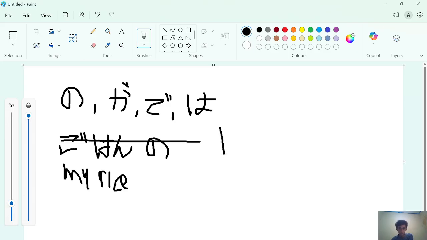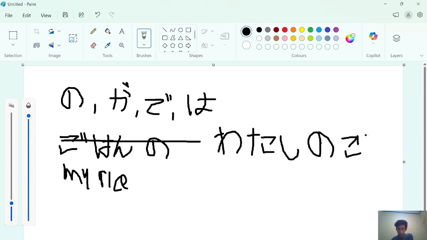So in Japanese, my is watashi. And we add no, and then gohan. So this would mean my rice, watashi no gohan.